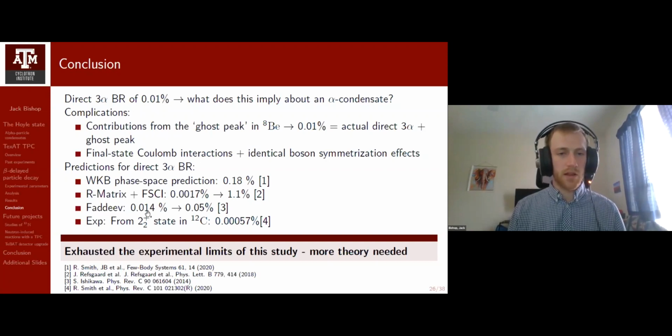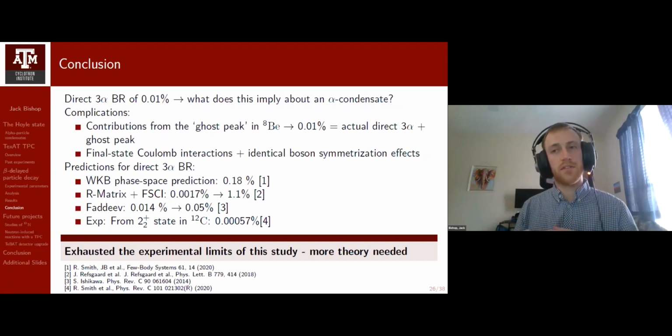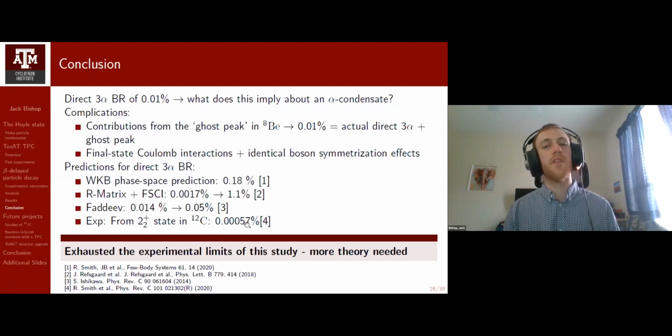And there was an experimental effort looking at the second 2+ state in carbon-12, which is sometimes thought of as a rotational excitation of the Hoyle state. What they did there is a similar measurement of the direct decay component, and assuming that the Hoyle state and this state have the same reduced widths, they scaled, and this is the prediction that you get here, 0.00057%.